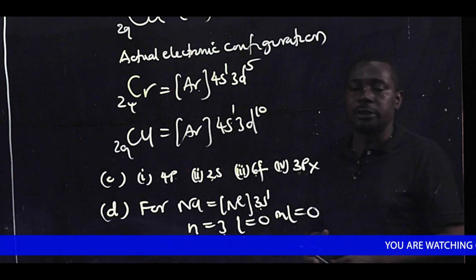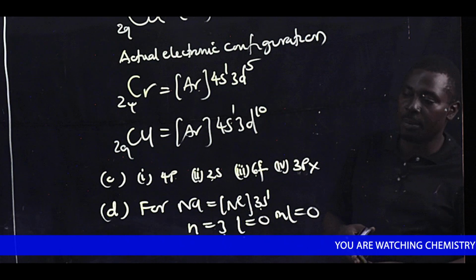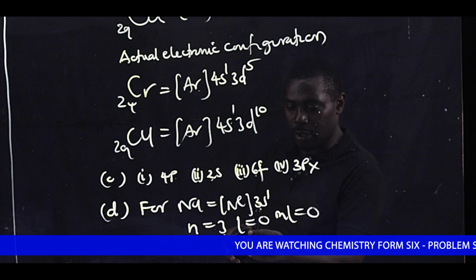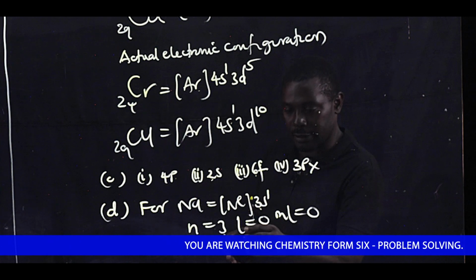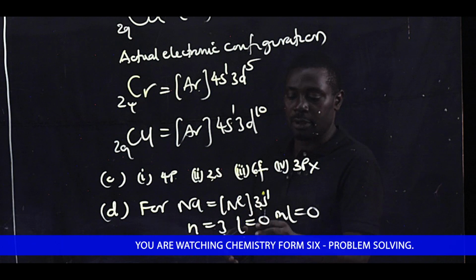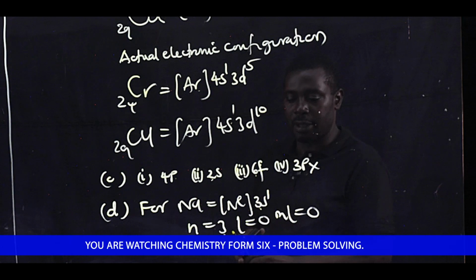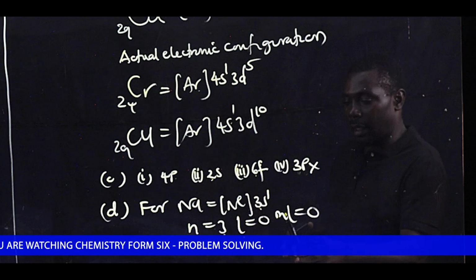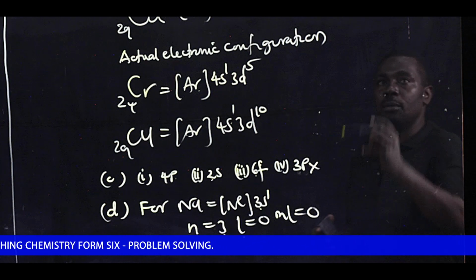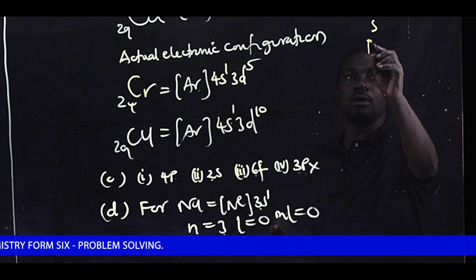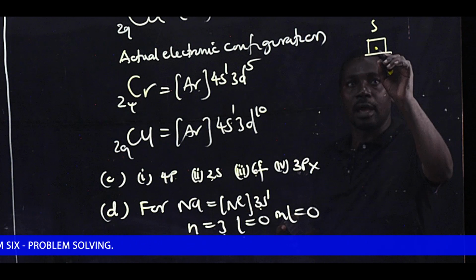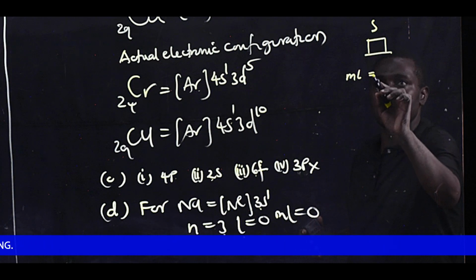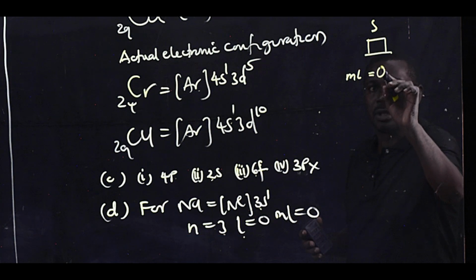L represents the shape of the orbital, and here for sodium the outermost shell is shell number 3, subshell 3s. So L for an s orbital is equal to 0. Then ML: an s orbital has only one orbital, and that orbital can be represented by the value of ML, which is 0.